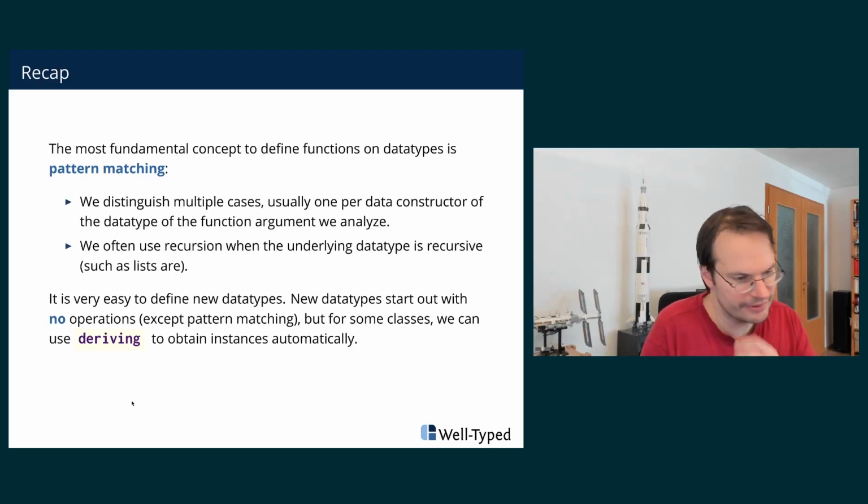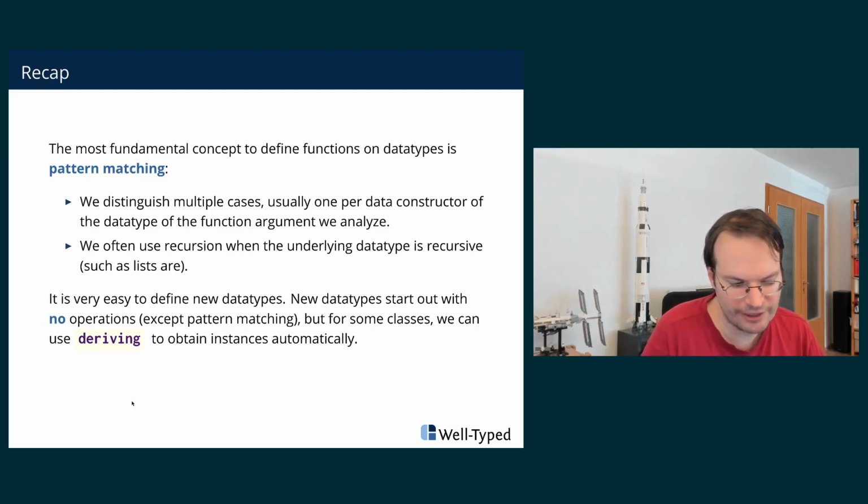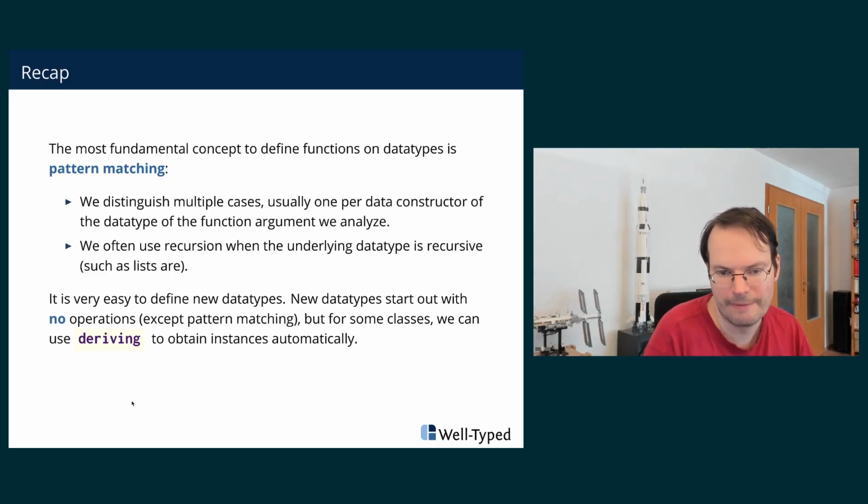And we will do this again and much more in the upcoming videos, right? Also note that it is very easy to define new data types, and defining data types is an integral part of writing Haskell code. When you start developing a new system, in Haskell you typically start by defining domain-specific data types that capture the concepts that you want to express.